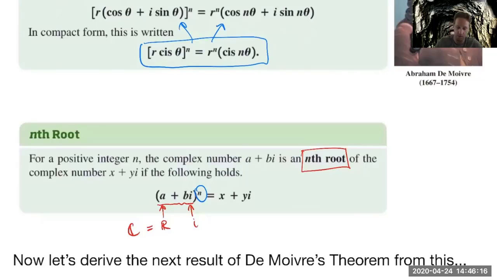Well, we know that in order to take something to the nth power and get rid of that, we would have to take the nth root of both sides. And so virtually what this is saying is that this a plus bi complex number would be equal to the nth root of its counterpart.